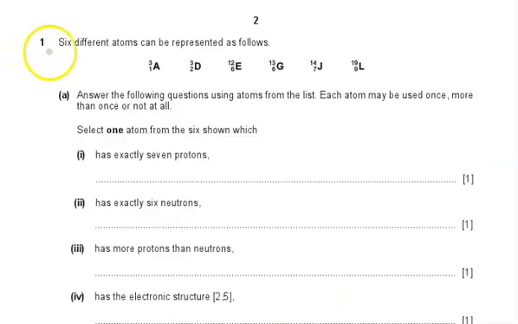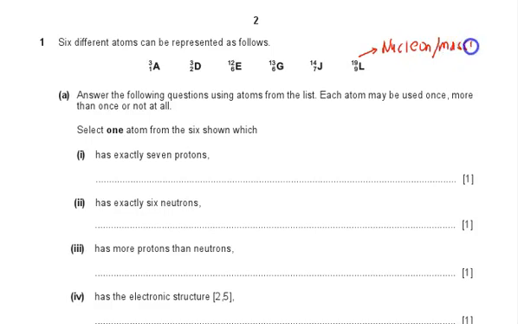Here we have the first question. Six different atoms can be represented as follows. Now we have D, E, G, J and L. Not forgetting, the highest number that we have here is the nucleon number, or otherwise we call it the mass number.